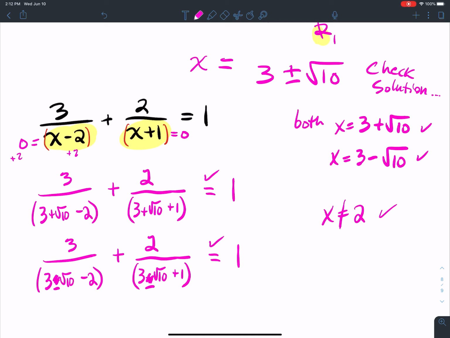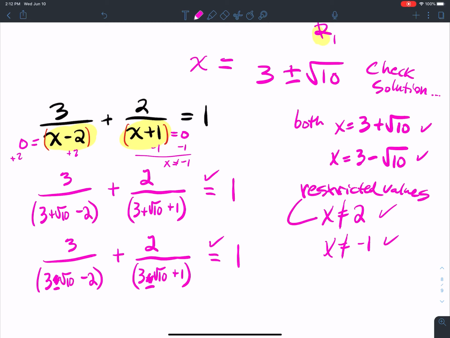And what else? x cannot equal negative 1. So the restricted values are 2 and negative 1. The solutions are 3 plus or minus square root of 10. All right, let's do another one.